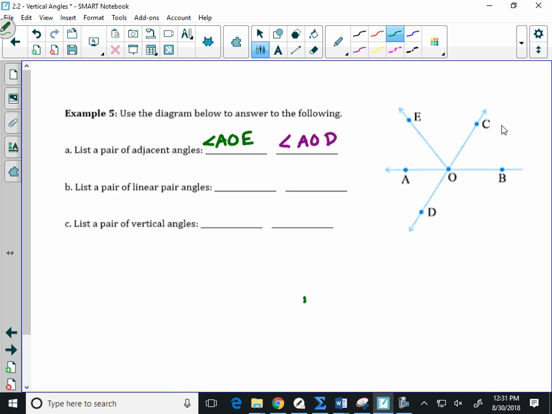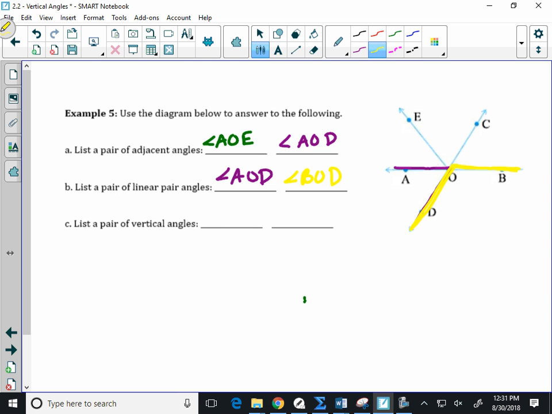AOD and angle EOD, perfect. They're right next to each other, they share that side right in the middle, and they create a straight line.